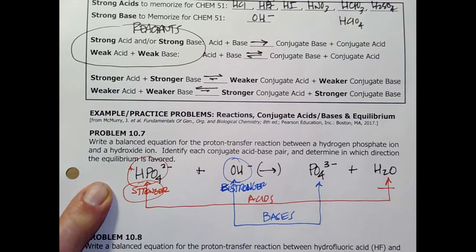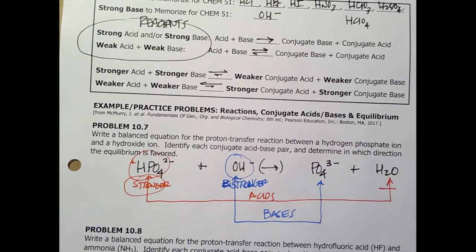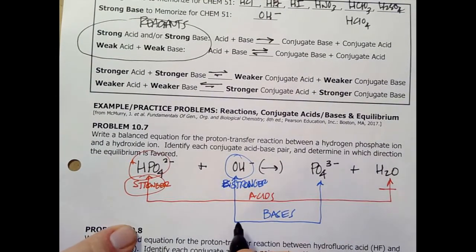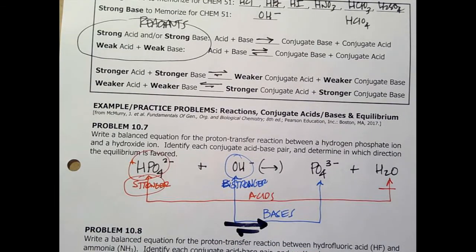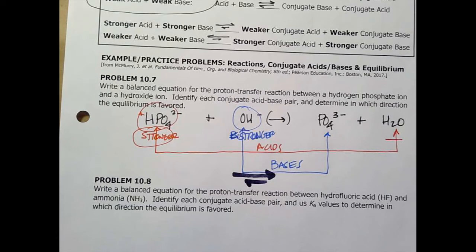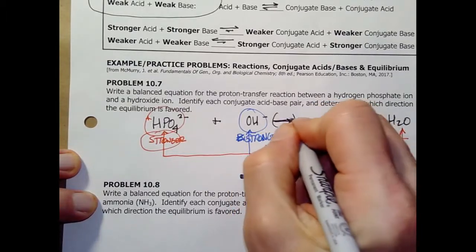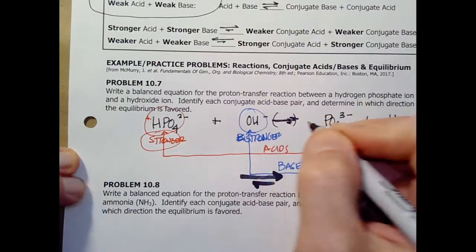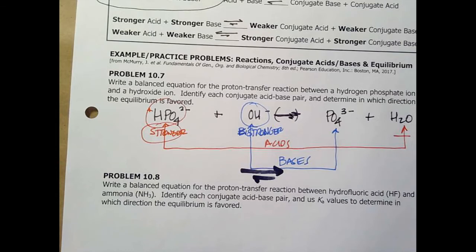Stronger acid, stronger base. So I think of this whole thing as being driven that way. Just grabbed a Sharpie for effect, but it doesn't really look that good. So maybe I'll put an arrow this way and a very tiny arrow coming back.